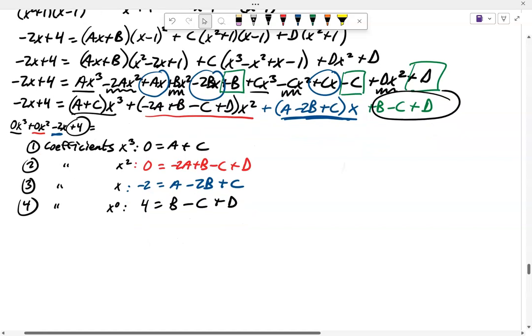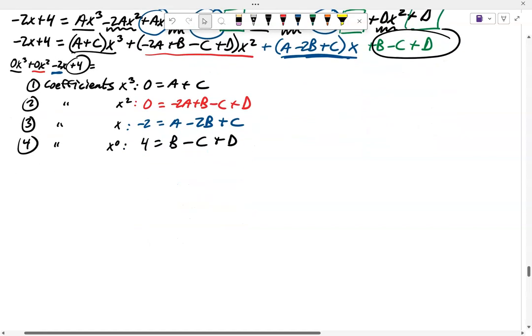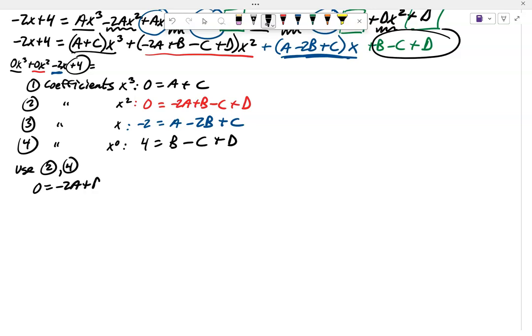Okay, and so what I'm going to do now is use equations 2 and 4. I do that because see how the c's and d's will cancel if I multiply by -1?